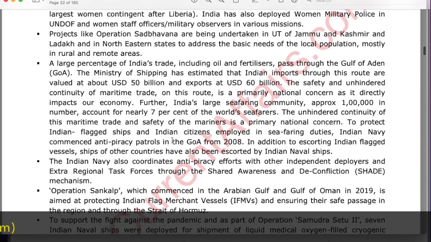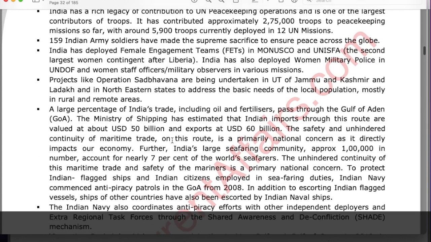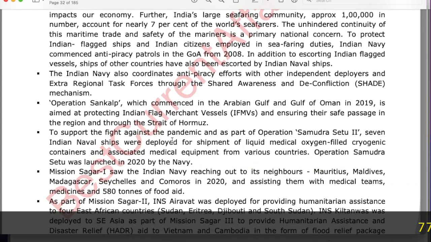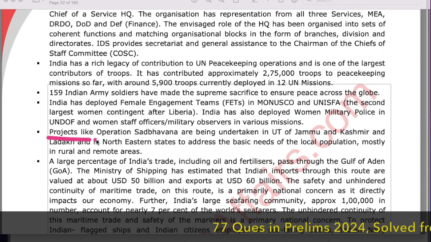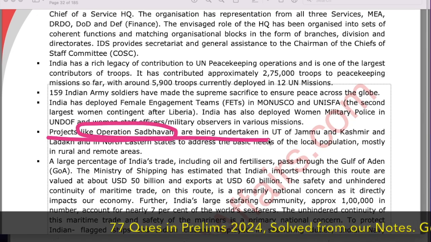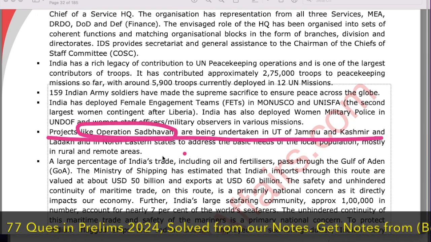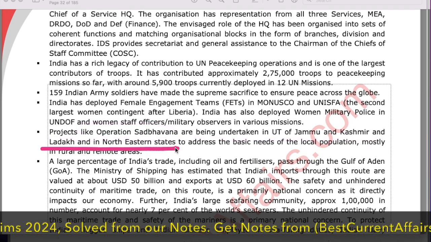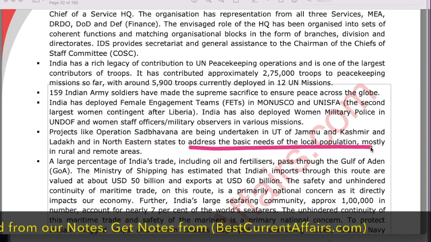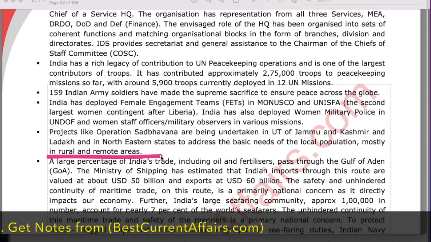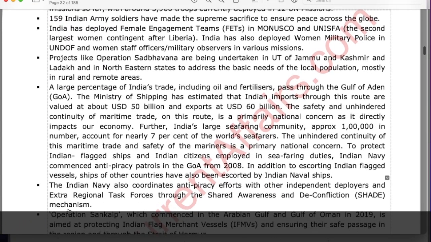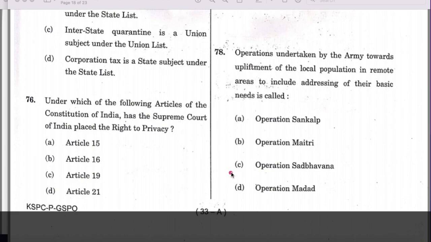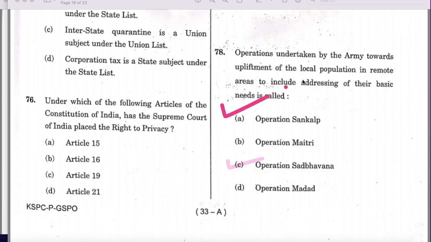Here it is mentioned that projects like Operation Sadbhavana are being undertaken in the UT of Jammu and Kashmir and Ladakh and in the northeastern states to address the basic needs of local population, mostly in rural and remote areas. So it is undertaken by the army. Here it is mentioned, Indian Army operations. Therefore, C is the answer and this question is solved.